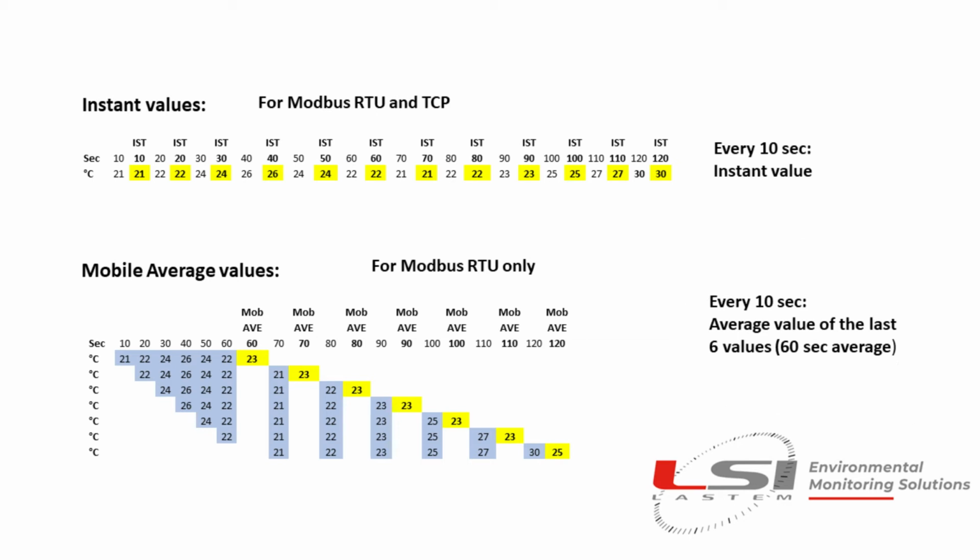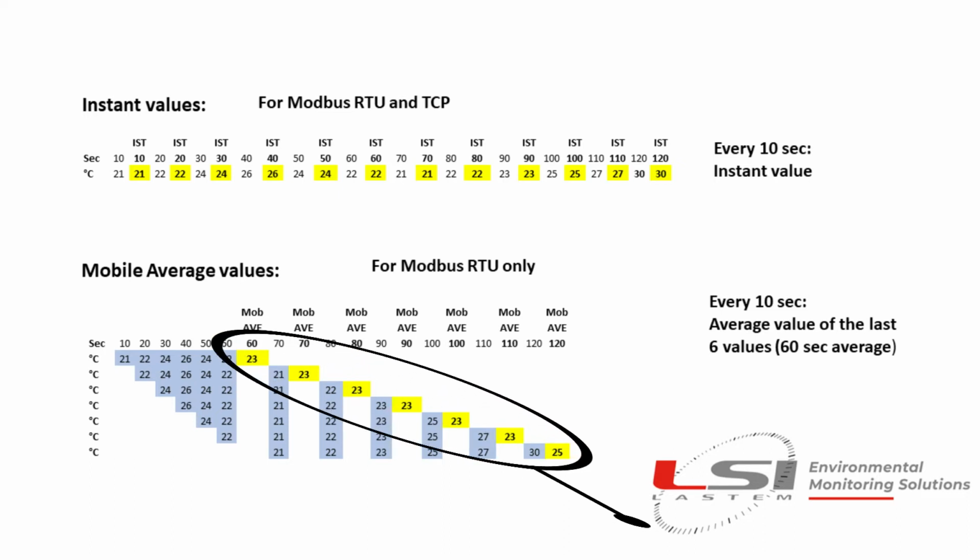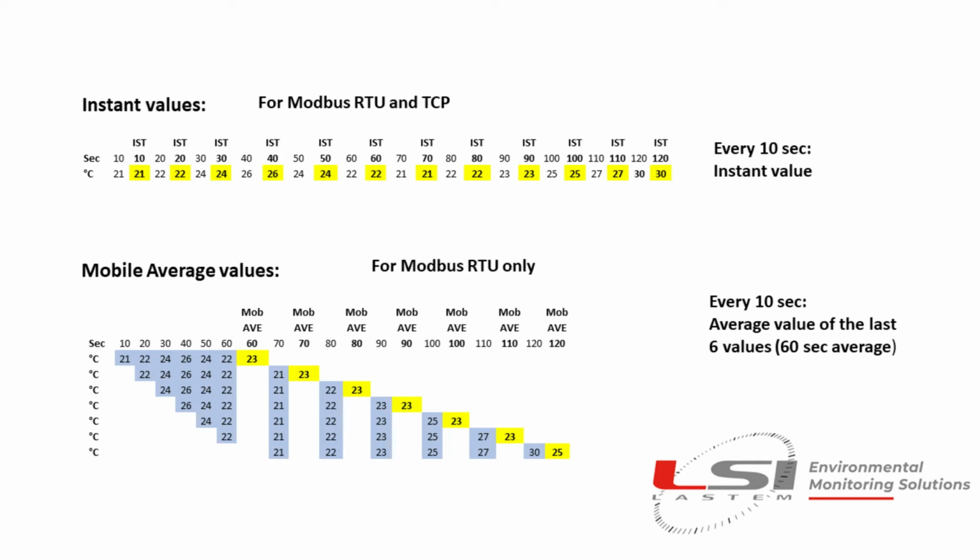In this case, Alpha Log will deliver every 10 seconds the mobile average temperature value made from the last 6 acquisitions sampled every 10 seconds. For that, it is required to set a mobile average over 10 seconds as a calculated channel for this temperature. This mobile average setup is only suggested in case of Modbus RTU requirement.